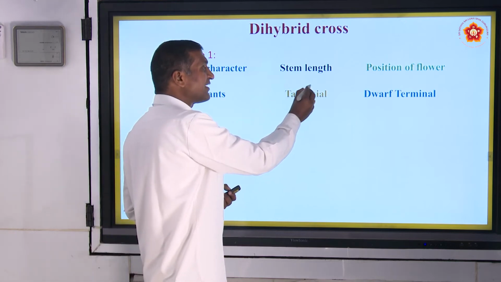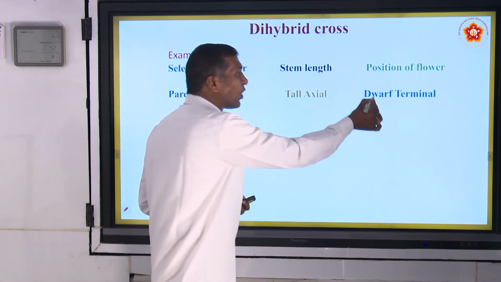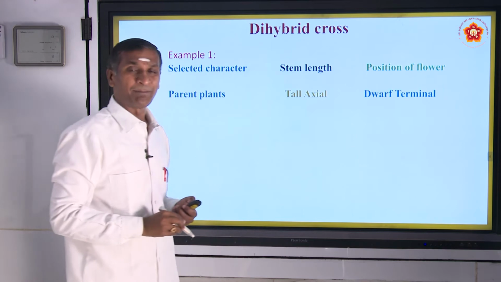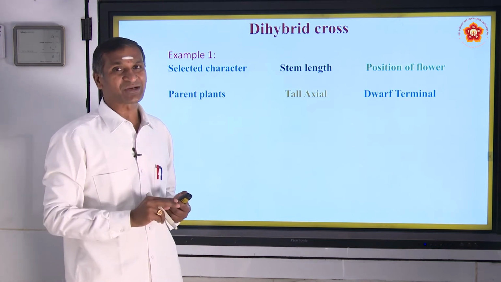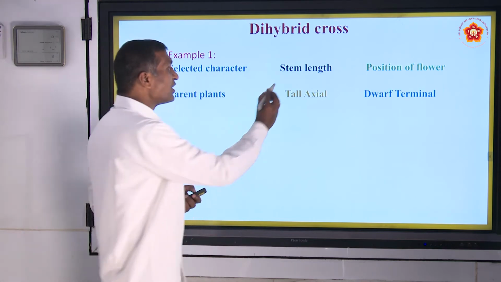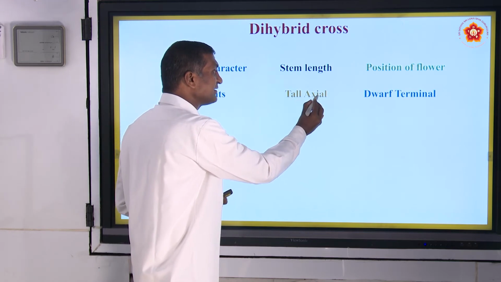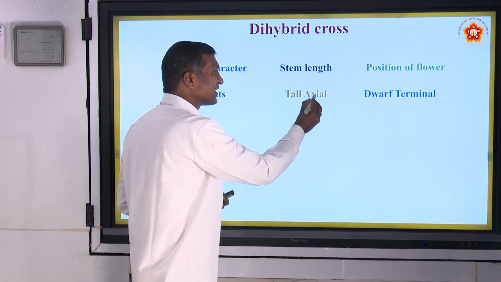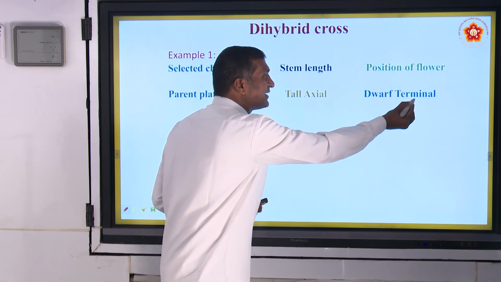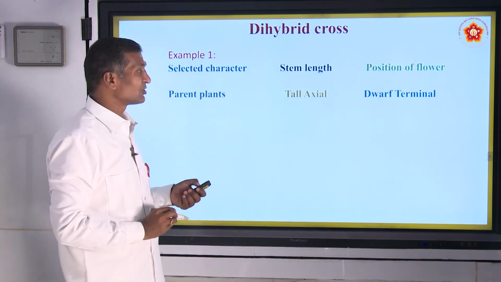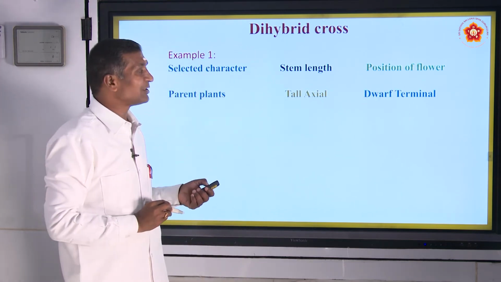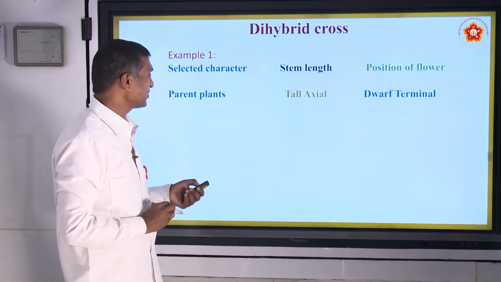So, tall with axial, dwarf with terminal, because 2 characters are crossed. So, you are having tall one character, the stem length character, position of flower, stem length character and position of flower. So, tall axial and dwarf terminal are crossed.